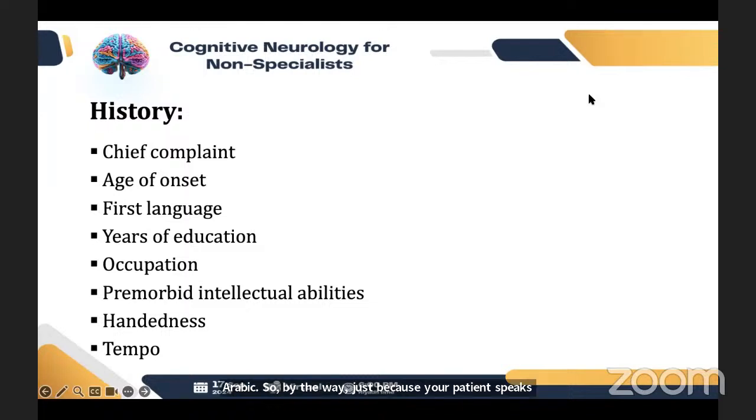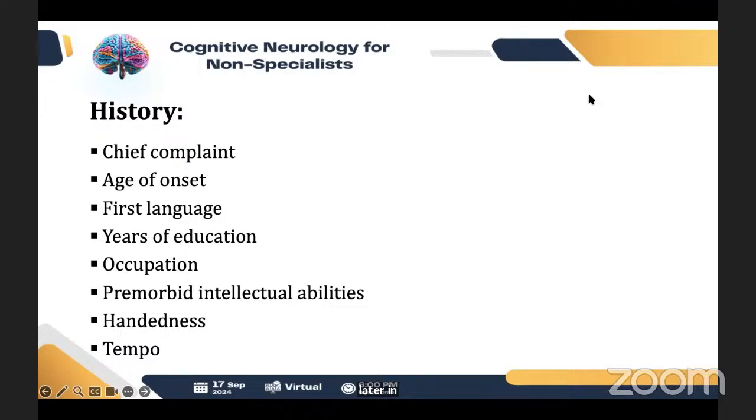For example, you and me, we both speak English as our second language. You cannot assess my cognitive function using English if I have a cognitive problem. You should use my native language, my first language, because second language, for so many reasons that we can talk about later in the languages workshop, but that's very important.